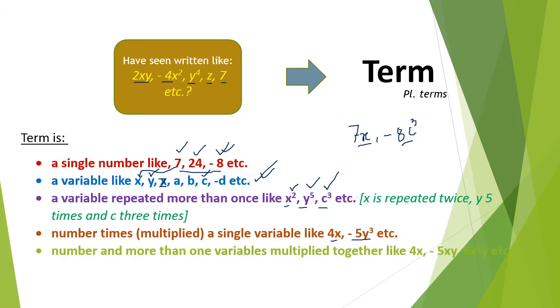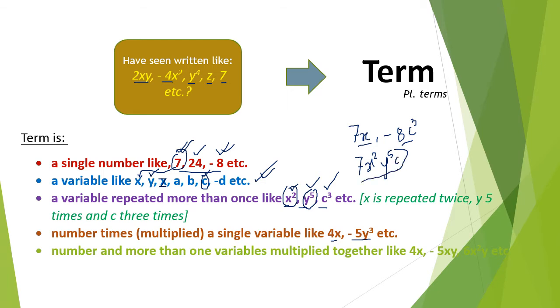Now, etc. is also a term. You can see a number and more than one variable. There is a number 7 in our example, and if I take x square from here, y to the power 5 from here, and c from here, this is also a term.